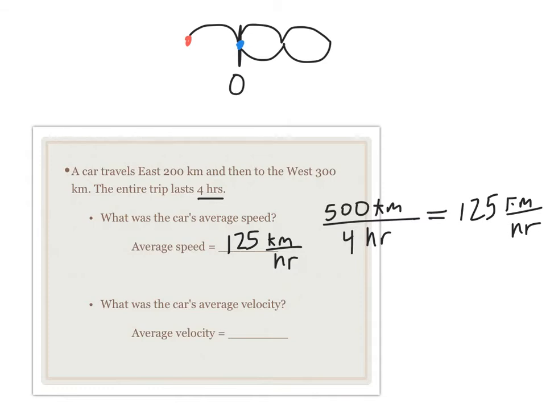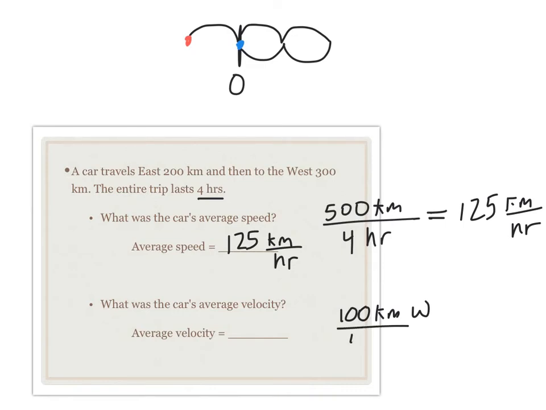So what was the car's average velocity? Well, velocity, remember, is based on displacement, not on distance. My displacement is the distance and direction from my initial to final position, which is actually only 100 kilometers, and that is towards the west.